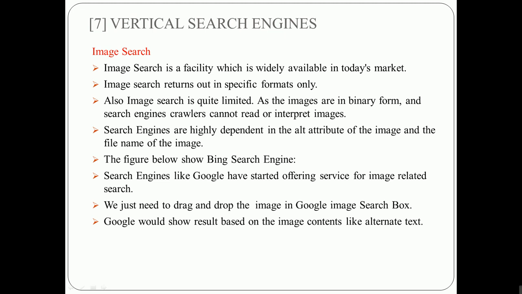Google will show results based on the image content, like alternate text. In the alt tag we provide the text, so Google will give you a result like this, the alt text on an image.